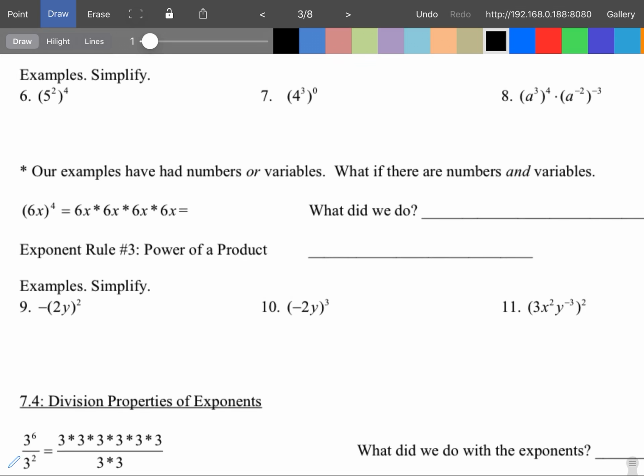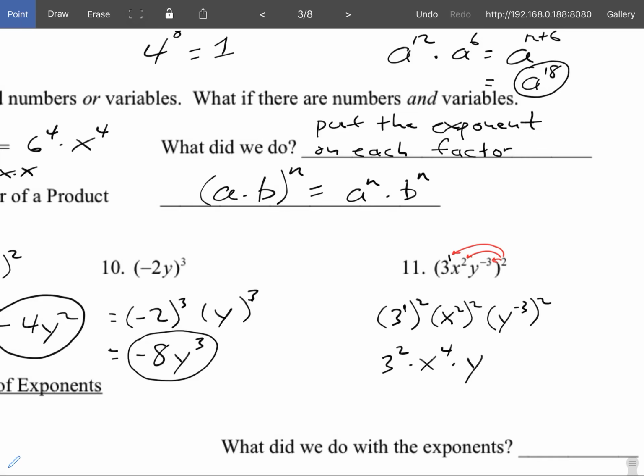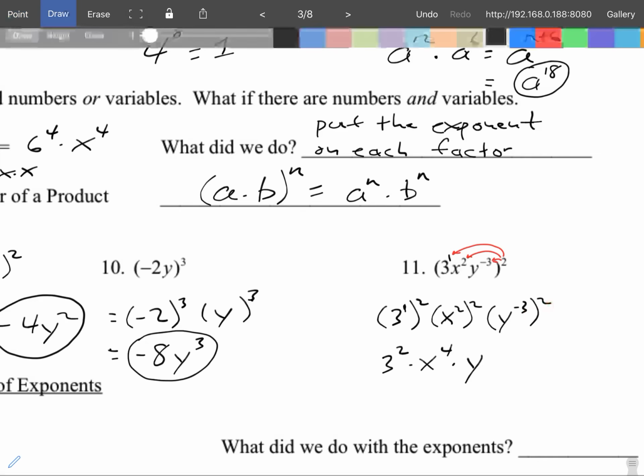So here we go. That's going to give us 3 to the 1 times 2, that's 2. And then x is going to be to the 2 times 2 power, so that's going to be to the 4th, and then we're going to get y. And here we're going to multiply these powers. So negative 3 times positive 2 gives us negative 6.